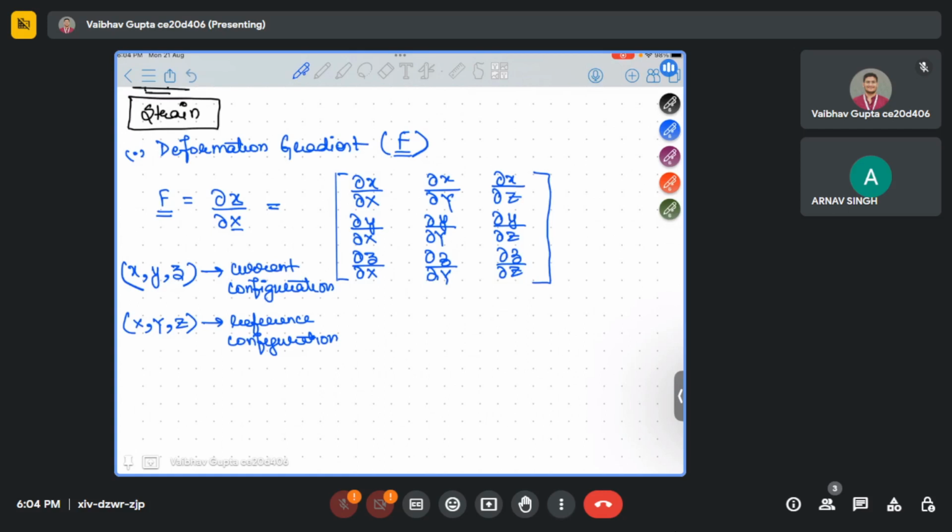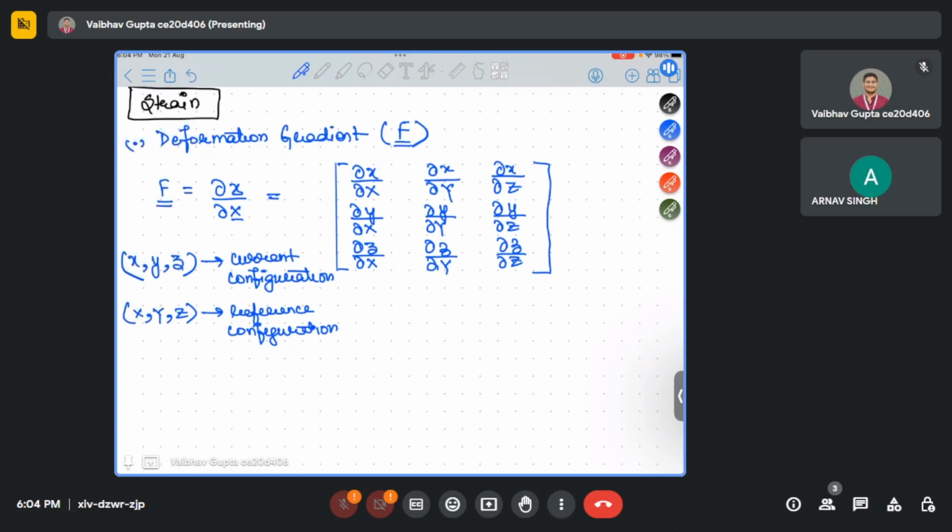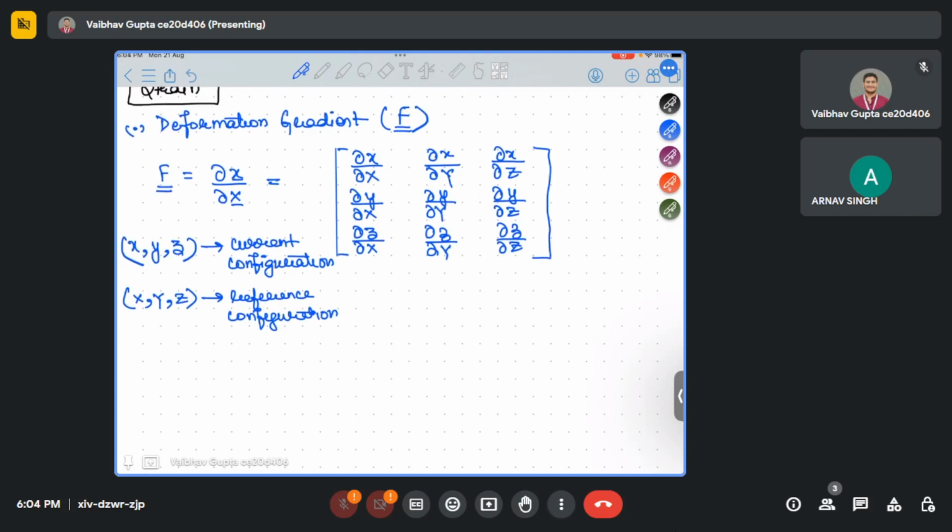Why am I focusing on position vectors? Because one more term I'll be discussing is the displacement gradient. Both are different. Displacement gradient is a partial derivative of the displacement vector u. I'll cover it now. So this is F.